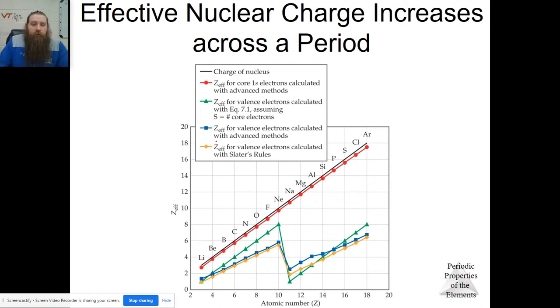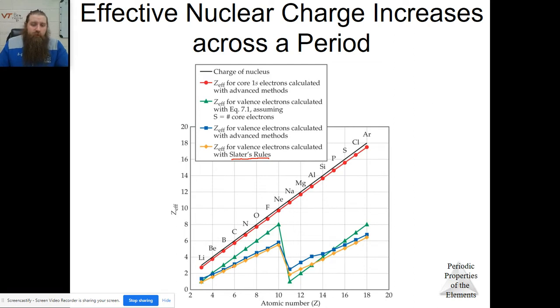If you look at advanced methods, which are the ones I was talking about where you have a constant for S, you can see that the graph is pretty close when we know what S really is. And then there's this thing right here called Slater's rules. Slater's rules is also a concept that I didn't encounter until grad school, which allows us to calculate the actual energy of the electrons and how they're going to impact the shielding of the valence electrons.